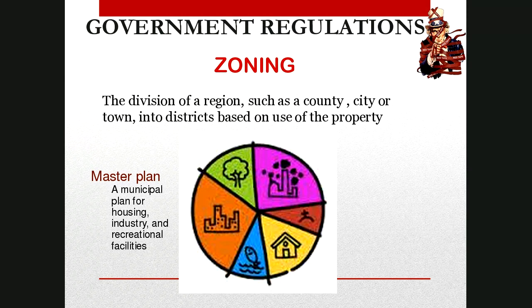So this division is called a master plan, and this is sort of the city's or county's framework for the economic plan for the city, right? How they want it to look and how they want it to feel and how they want the traffic to flow. That's all part of the master plan, and so the zoning is made around that master plan.